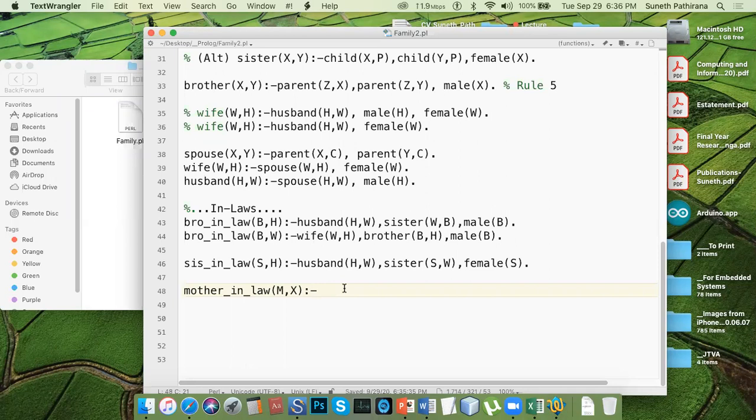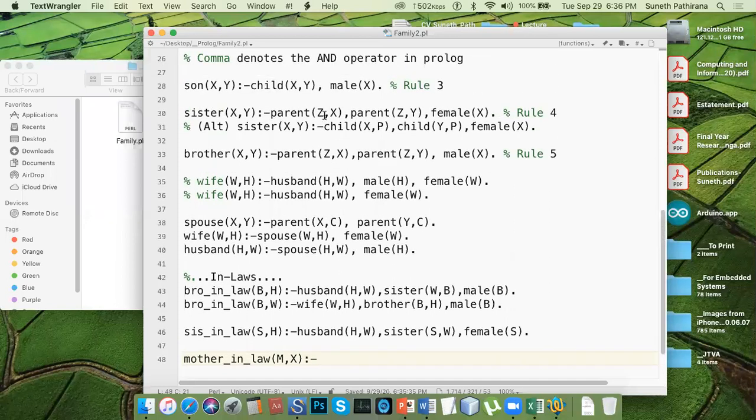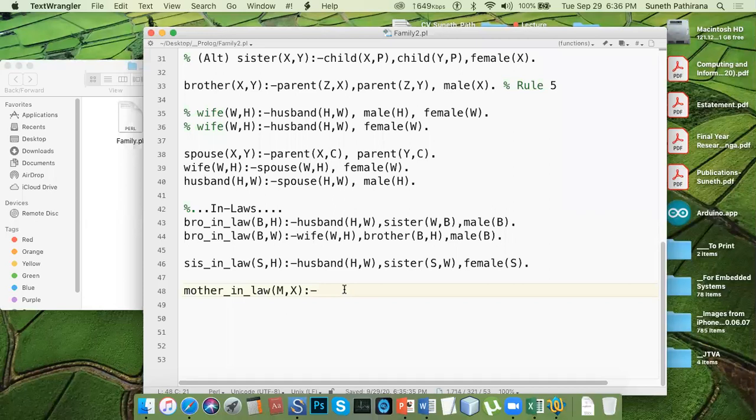That means you can use either child or parent relationship. So I'll take the parent relationship. You can use the child relationship if you like. Parent. So M is becoming a parent of, let's say I use S to denote son-in-law.